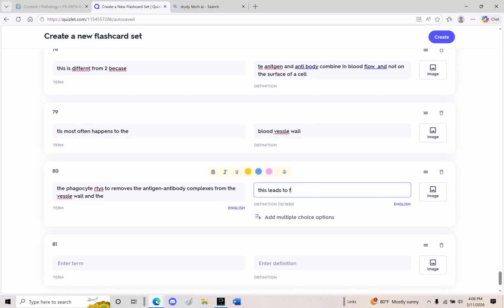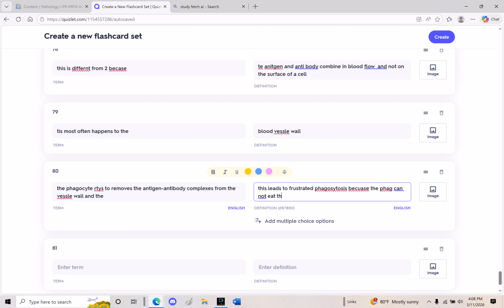Rather than try to eat it, it secretes enzymes and toxic chemicals to try to kill and damage it. There's just one problem: it will not be specific to the immune complex. It now damages the vessel wall. Then thrombosis happens.